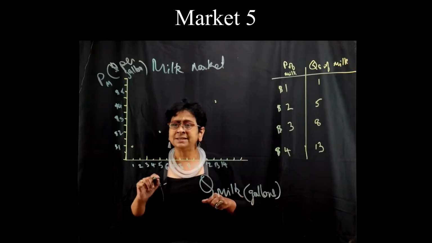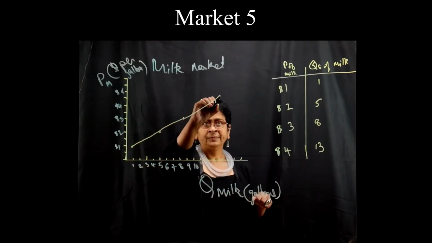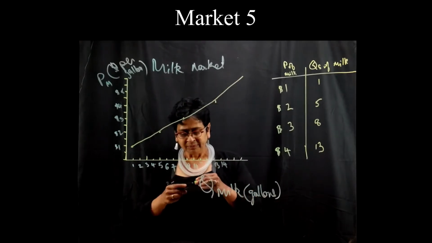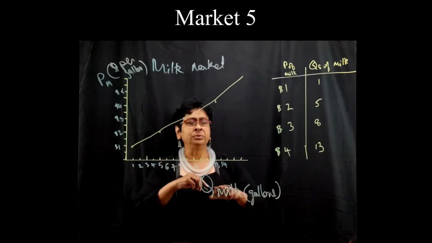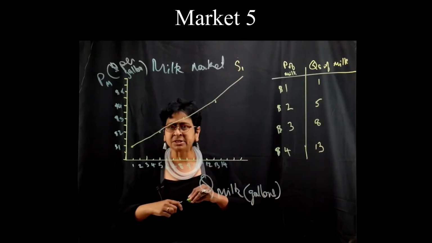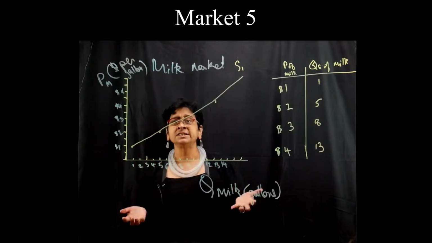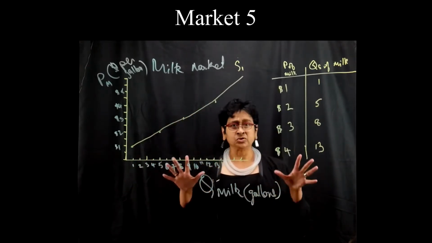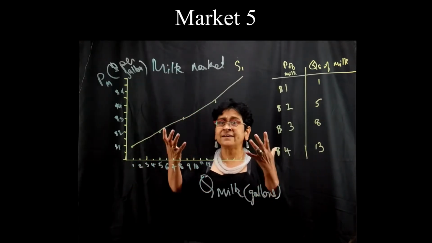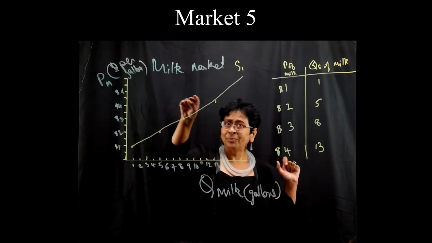And as you can see, this goes up. It's a positive slope. And that upward slope, so I'm going to call this S1, reflects that as the price of the good goes up, the quantity supplied of the good goes up, ceteris paribus.